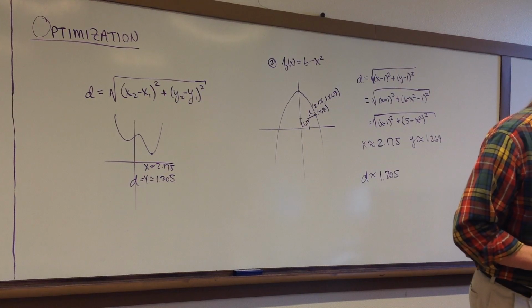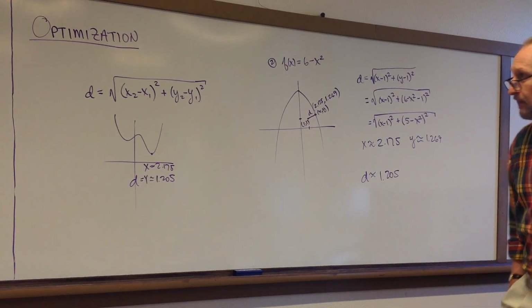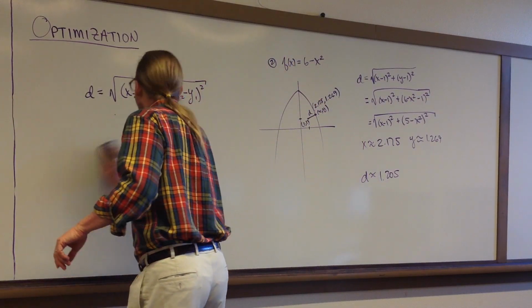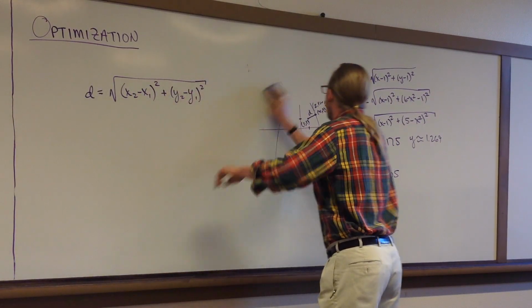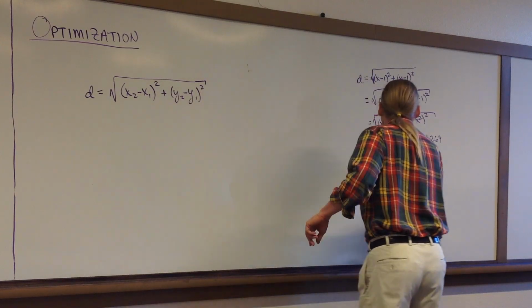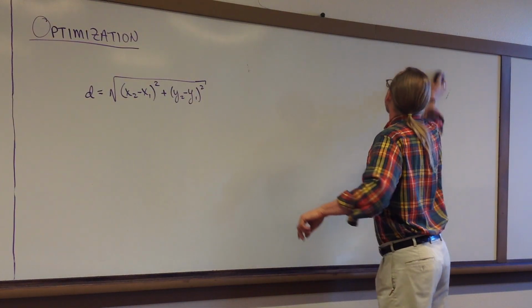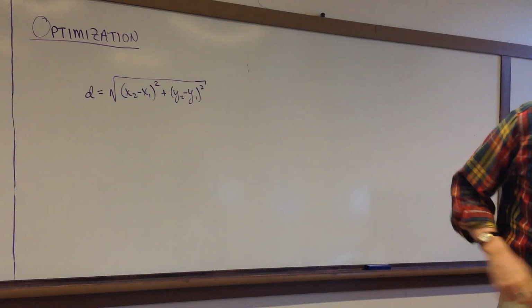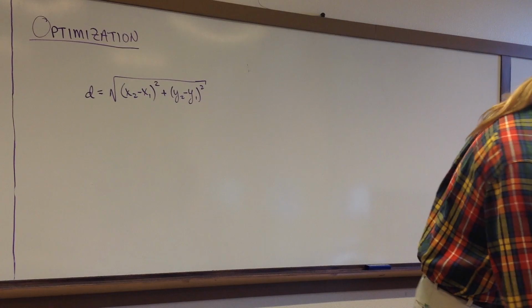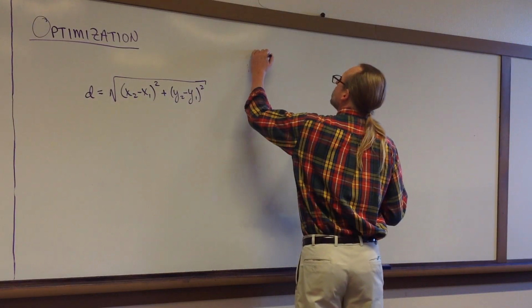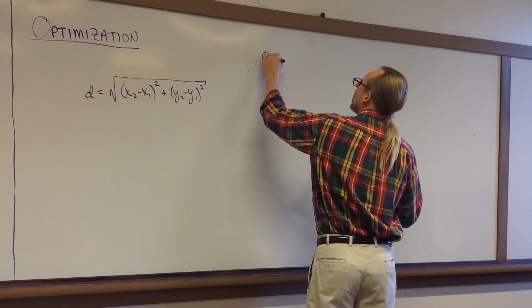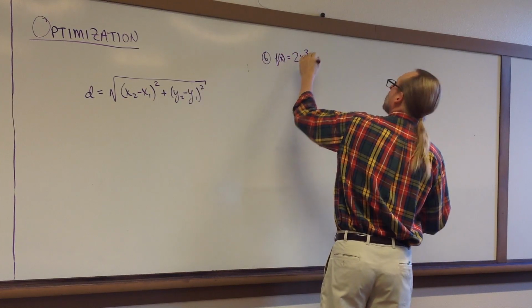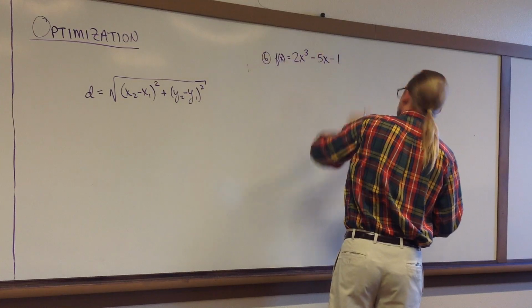All right, let's skip down to number 6. We'll take a look at that one. Okay, so in problem 6, we've got a function here, 2x cubed minus 5x minus 1.